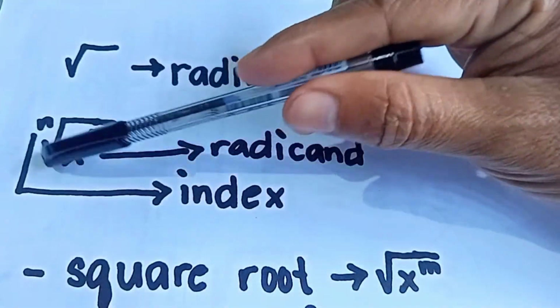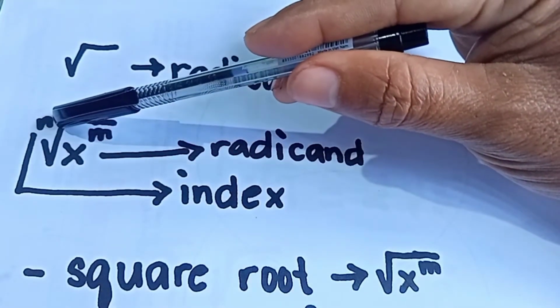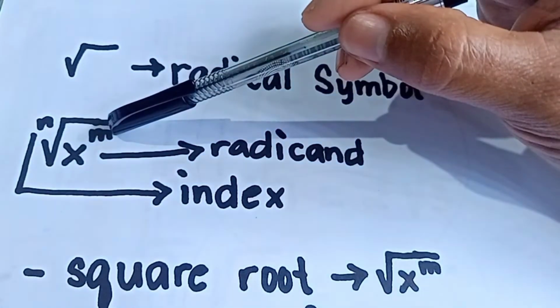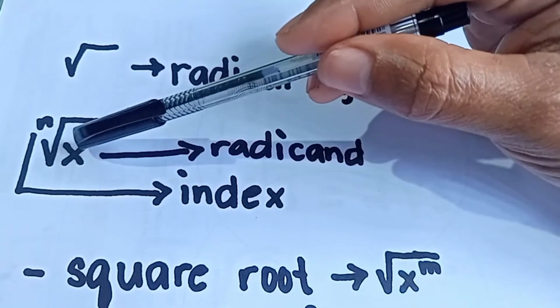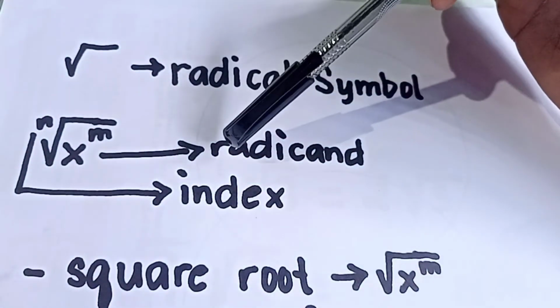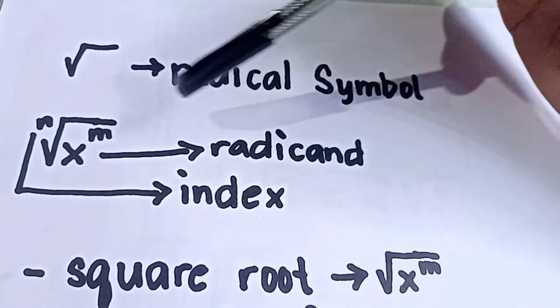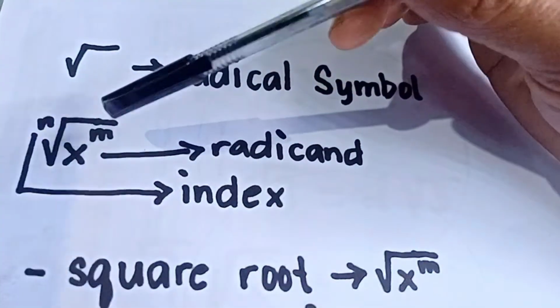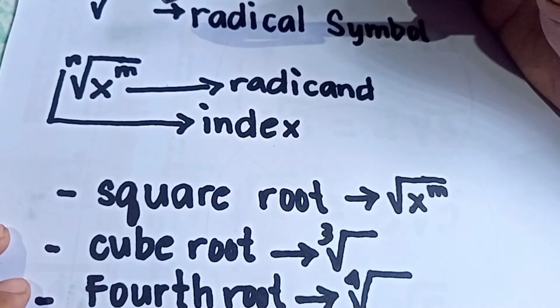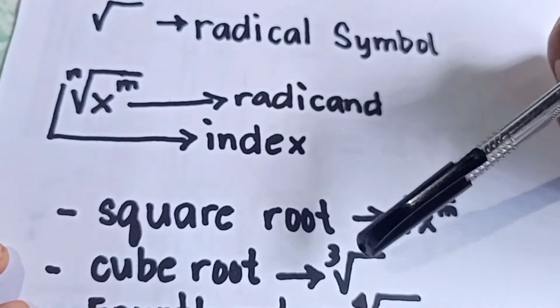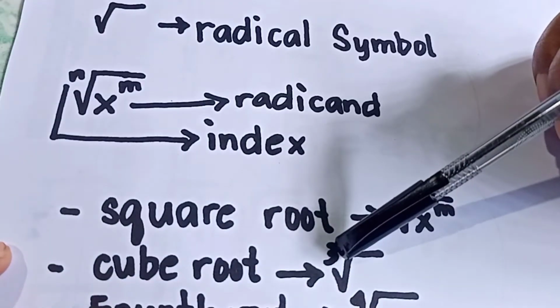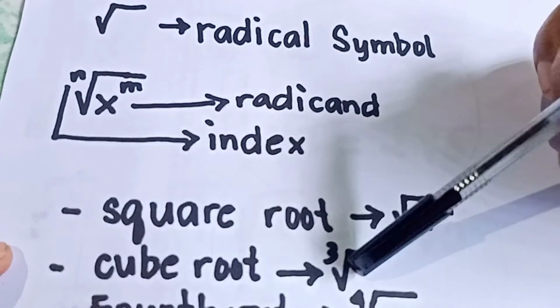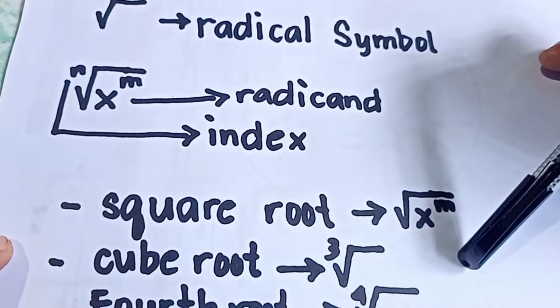Now, here is the expression: the index, the radical sign, and the inside of our radical sign, we call that radicand, which is the x raised to m. Now, if our index is 3, we call that the cube root of any number.